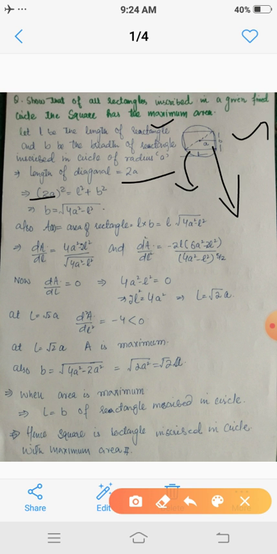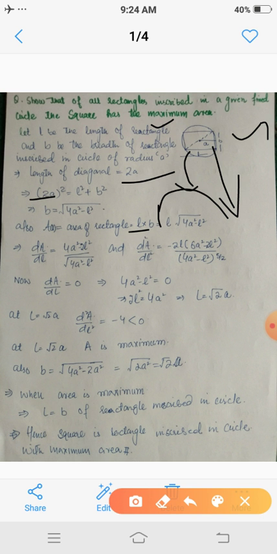Now the area of this inscribed rectangle is length into breadth. Let us denote this area by A. Here B equals root of 4a square minus L square, so the area is L into root of 4a square minus L square. So this is the area function.